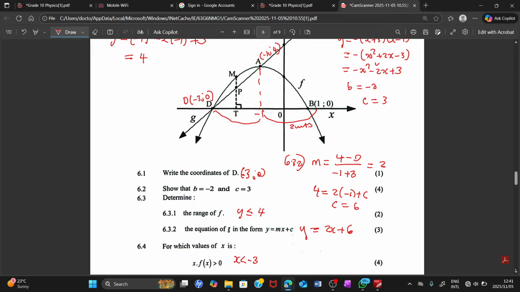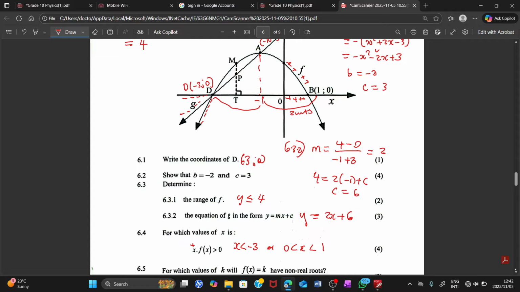And the other part is x between 0 and 1, 2 marks each. That is the part where x is positive and the graph is also positive. And the other part is where the graph is negative and x is negative. That's what you look for.